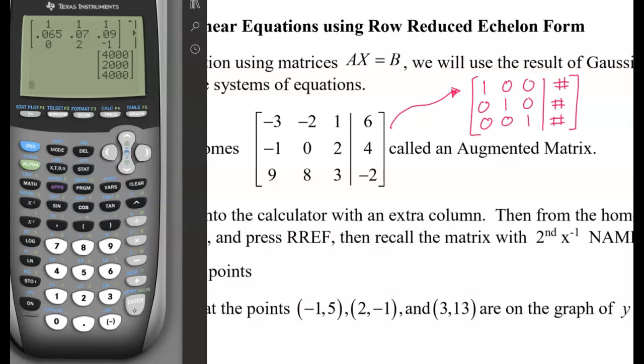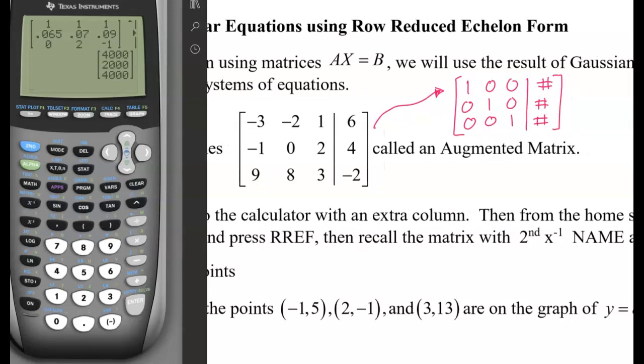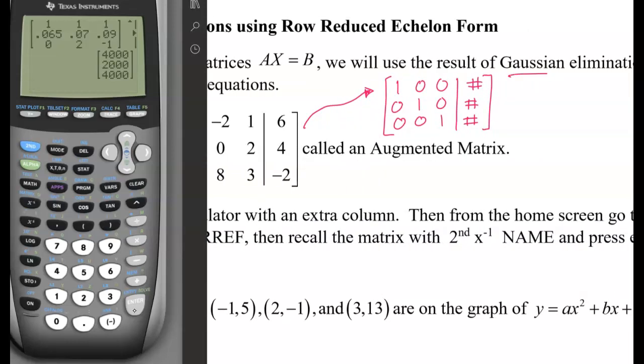Now you can do this by hand, and I believe that we made you do it by hand in Algebra 2, by doing what is called Gaussian elimination. Remember where we had to multiply rows by other rows and subtract rows from other rows and double rows and divide rows until we got ones on the diagonals and zeros everywhere else.